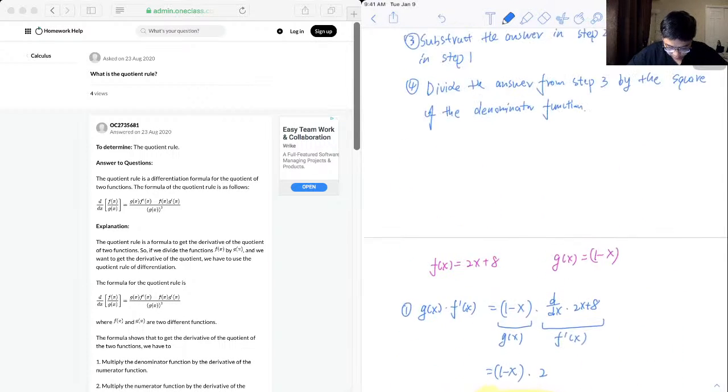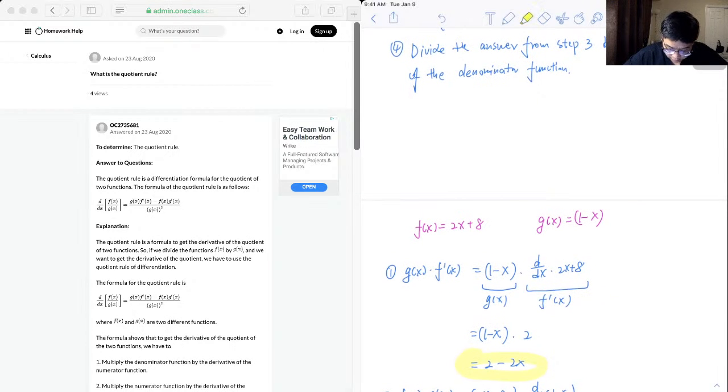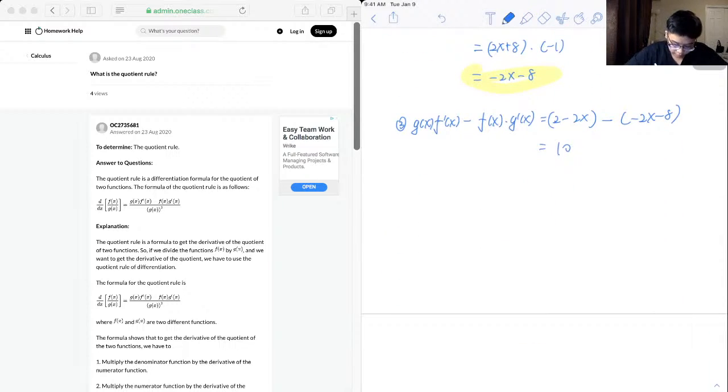Right. So for our final step, we need to divide the answer from step 3 by the square of the denominator function. Okay.